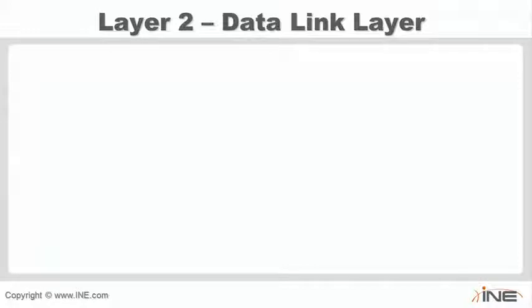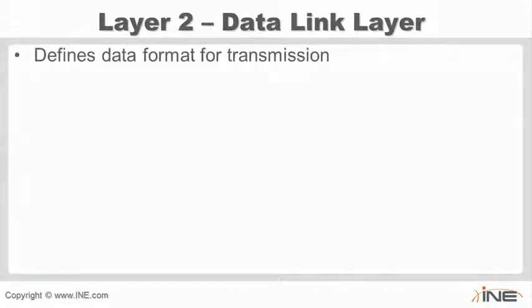Then the next one underneath that, the data link layer, is what's actually going to deal with doing the final formatting of the data to send it over the physical links. So this is where we're going to have Ethernet or our WAN protocols like frame relay or PPP.